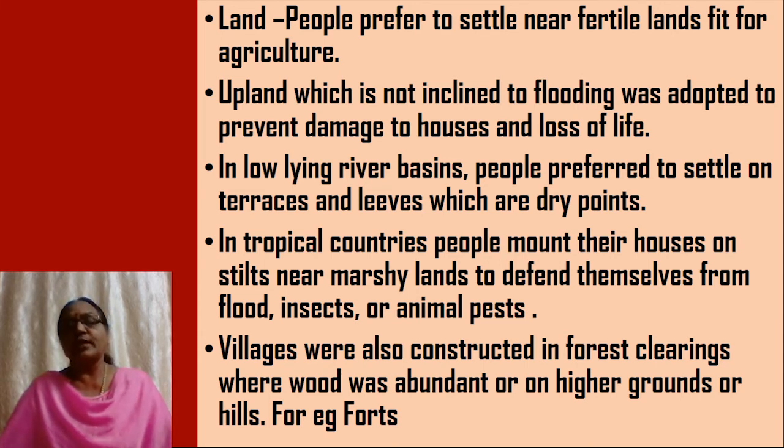So in India, you find the terai regions of the Himalayas, which are always flooded and marshy. You find houses are built on stilts. And this is to defend themselves from floods and also from insects or even wild animals.